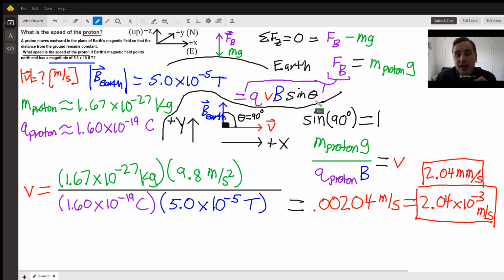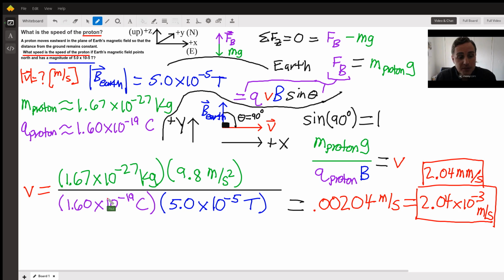And then sine of the angle between them, theta, is the smallest angle between the velocity vector of the proton and the Earth's magnetic field vector direction, which in this case, if you view looking down on the east and north plane, that is the x and y plane, theta is 90 degrees. And we know that the sine of 90 degrees is exactly equal to 1. So we can solve for v here by dividing by qB.